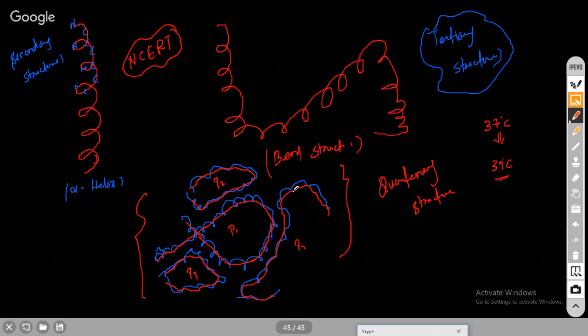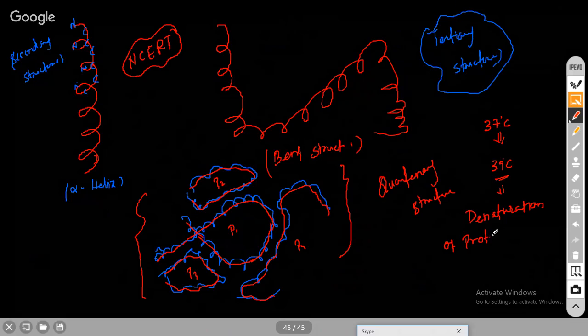So when the temperature increases, the structure of protein also changes. This we call denaturation of protein.